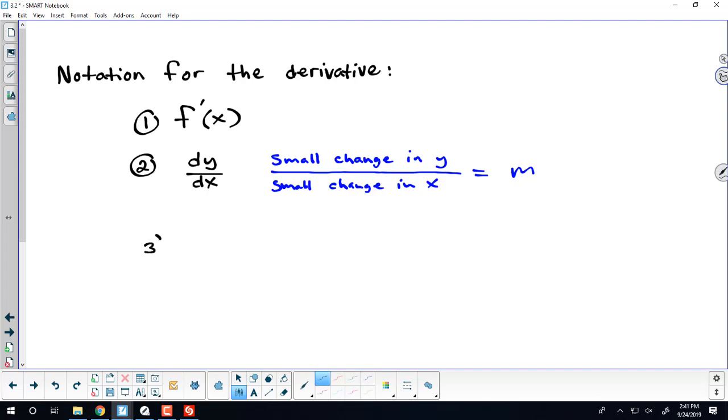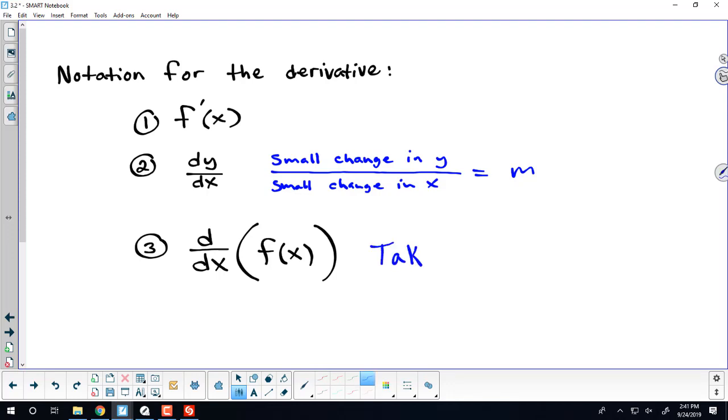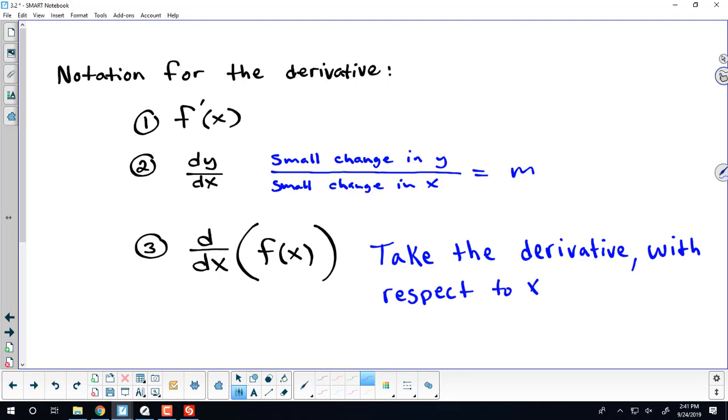And then the other one is the derivative with respect to x, and then they'll have some function in here. It says take the derivative with respect to x of the function f of x.